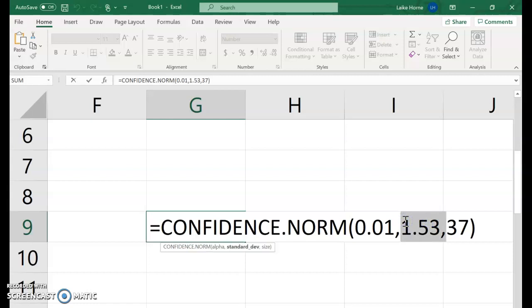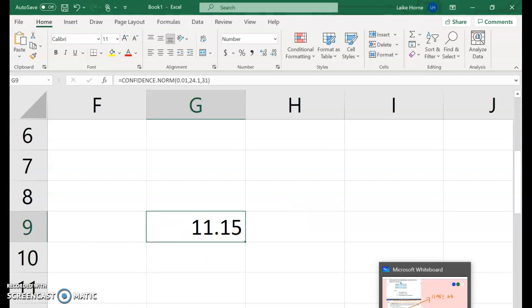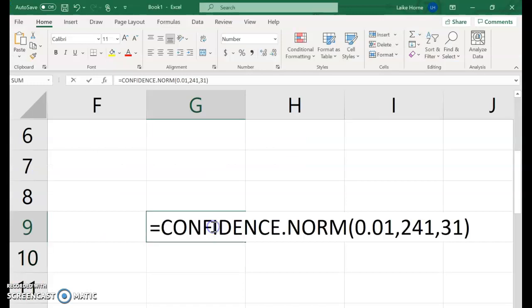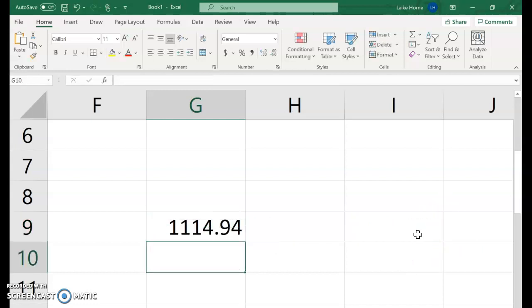So the standard deviation is 2,410, and the sample is going to be 31. So here is our margin of error. I had to go back and fix that because I put 24.10 instead of 2,410.